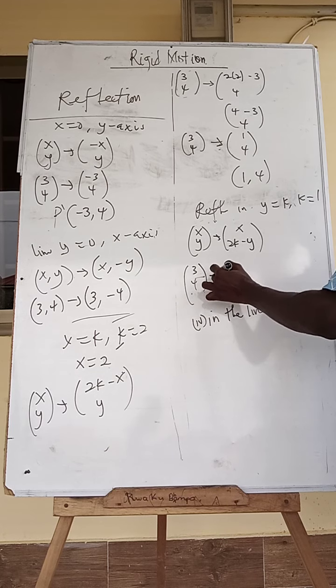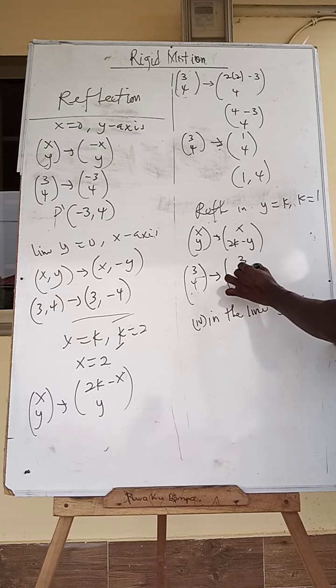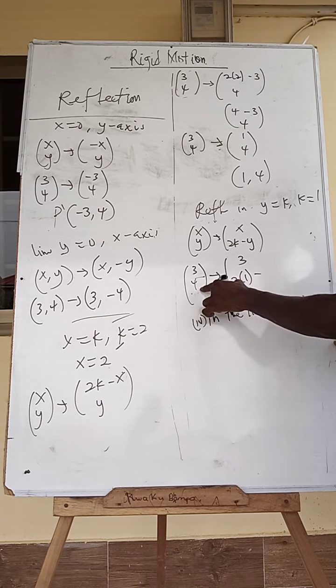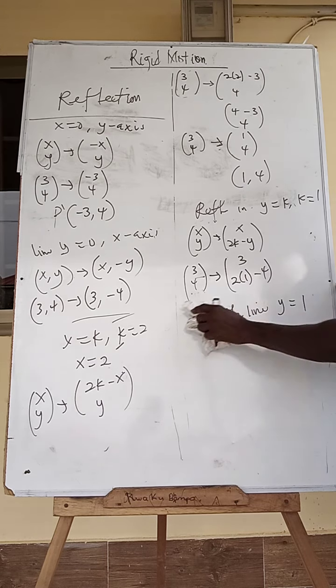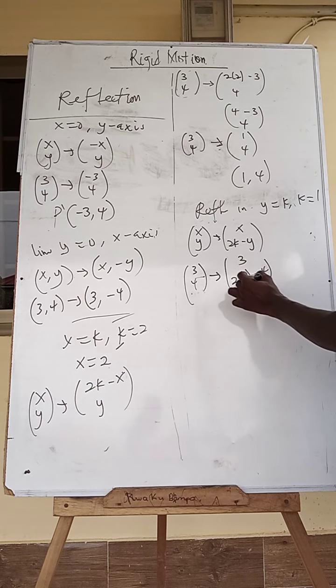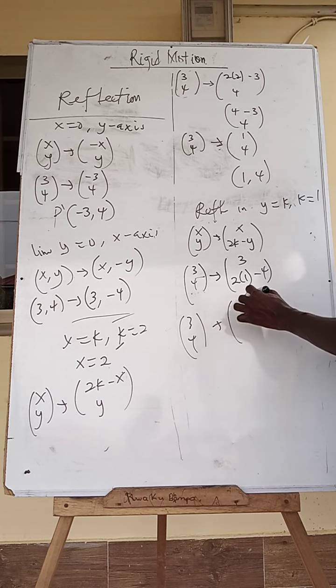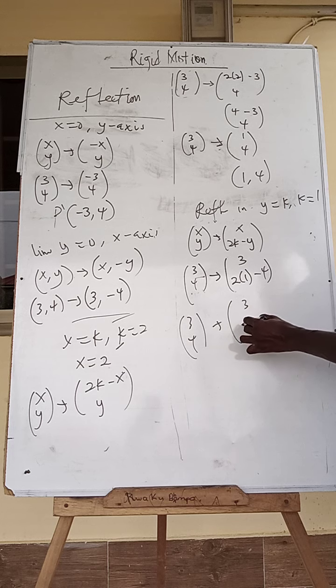So here your 3, 4, you are changing it. So here our x is 3 and this is 2 times k. K is 1, minus the y, which is 4. So the 3, 4 is going to give us 3, and 2 minus 4, right?